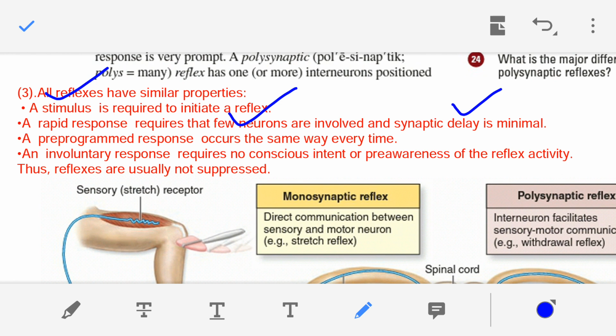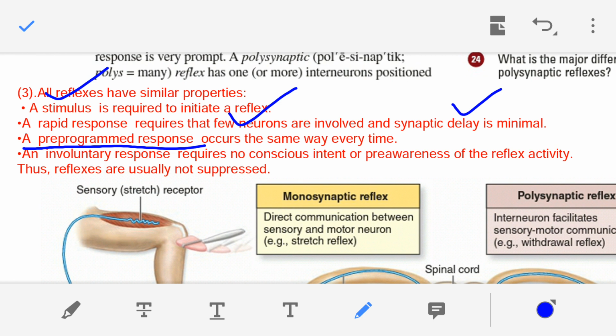And every time a pre-programmed response is given to a particular stimulus. In the previous example, your hand accidentally touched the hot burner. In future, whenever you accidentally touch the hot burner, two or three more times, every time you are going to remove your hand from it.